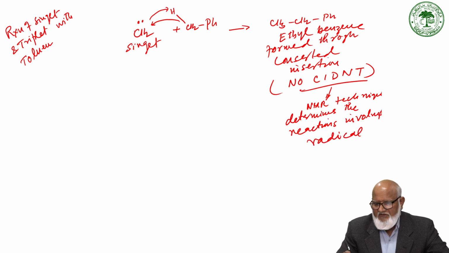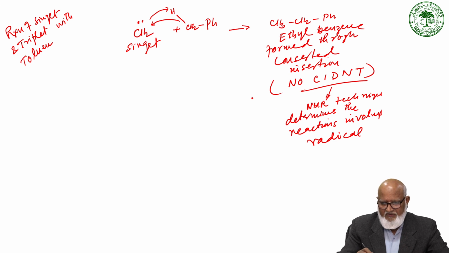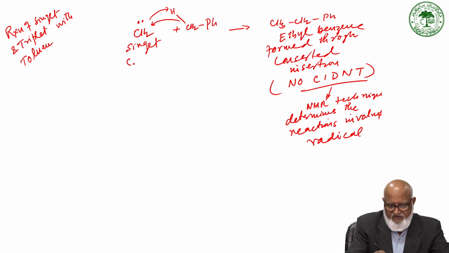So here no CIDNP was observed because no radical species is involved, and the reaction is proceeding via concerted insertion of singlet carbene into toluene to give ethyl benzene.